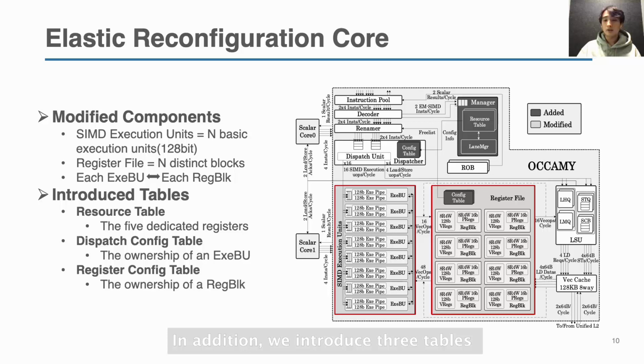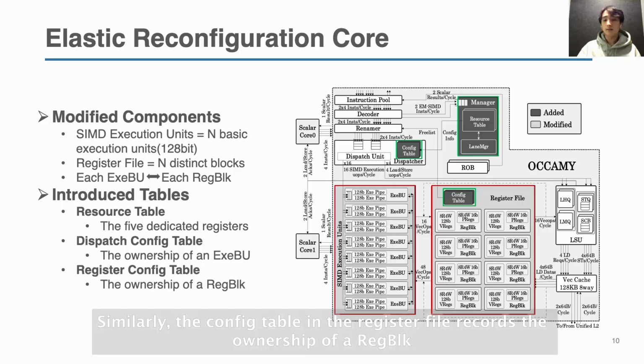In addition, we introduce 3 tables. The first one is the result table in the manager. It records the 5 dedicated registers for each core. The second one is the config table in the dispatcher. It records the ownership of each basic execution unit. Similarly, the config table in the register file records the ownership of each register block.